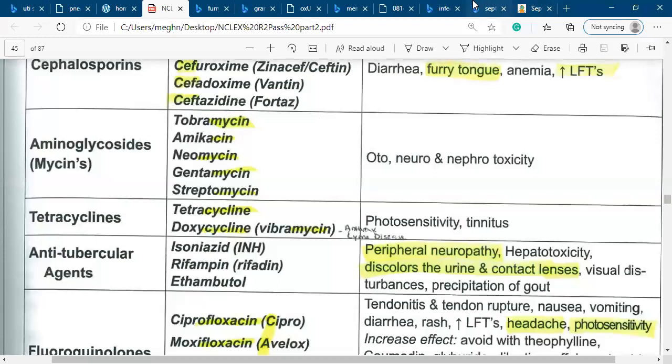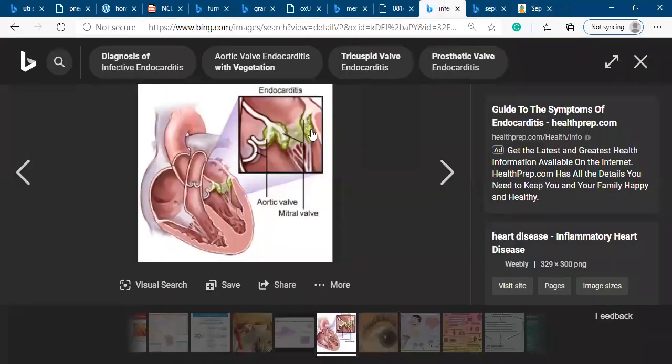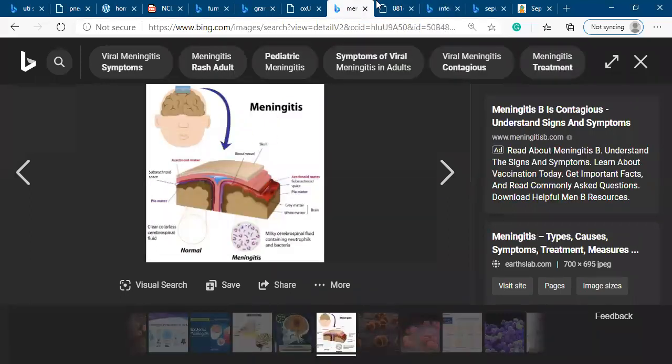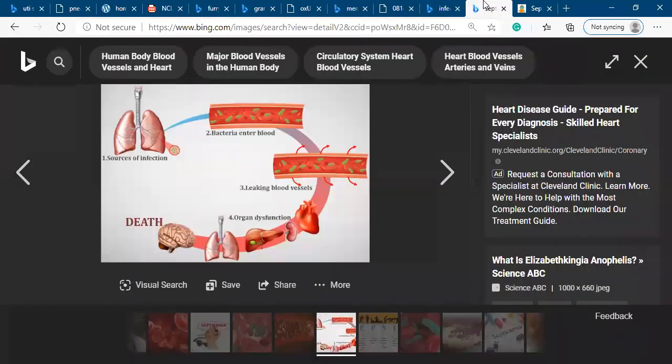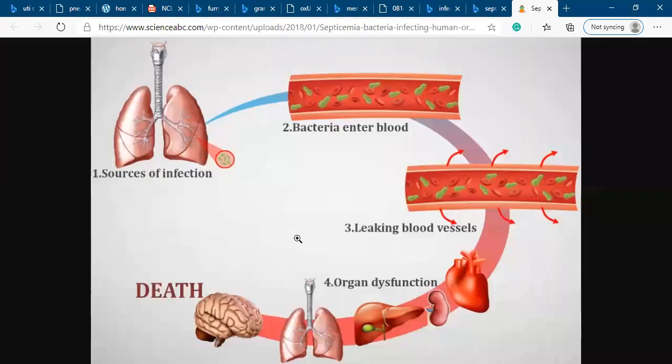So, as I told you, if your patient has any bacterial infection like infective endocarditis, meaning the infection occurs in the heart valves, or if your patient has meningitis, meaning infection or inflammation of the meninges in the brain, or a very bad blood infection called septicemia, right?